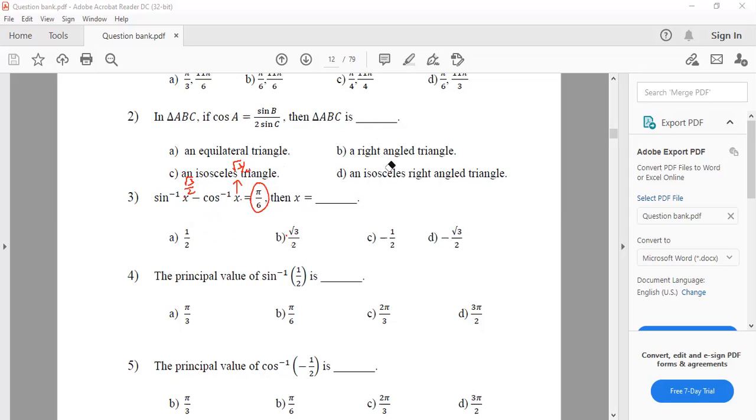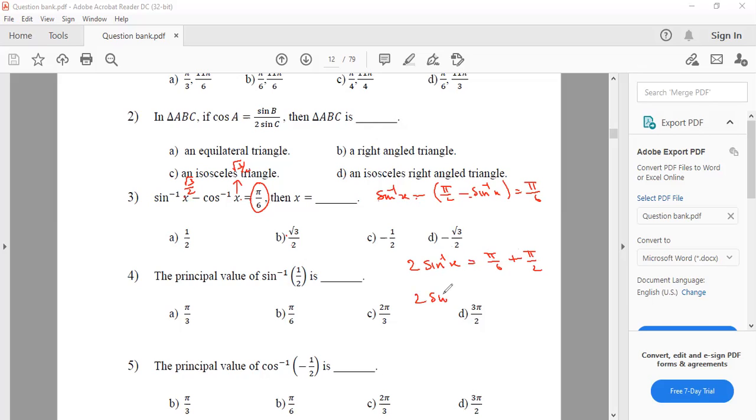Since it is an MCQ, you have so many other methods. The actual method is sine inverse x minus pi by 2 minus sine inverse x is equal to pi by 6. When you open the bracket, you can add: 2 sine inverse x is pi by 6 plus pi by 2.